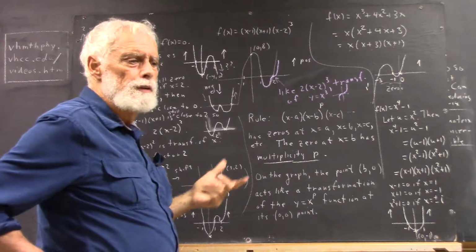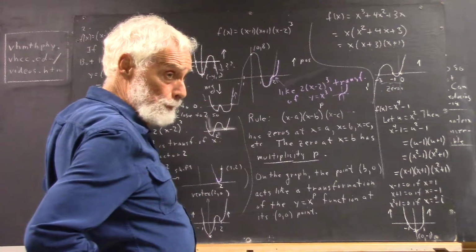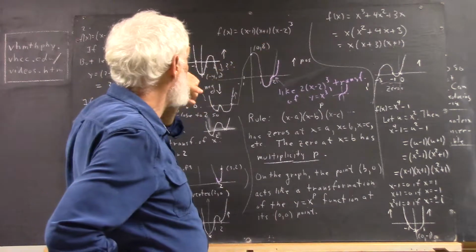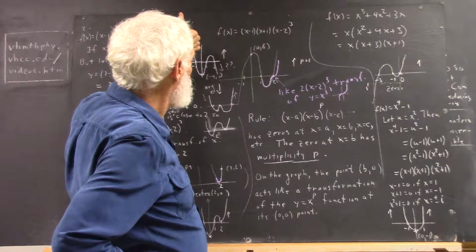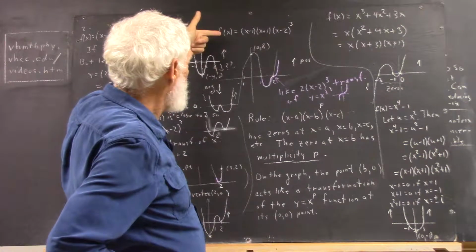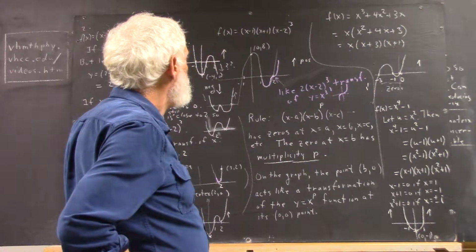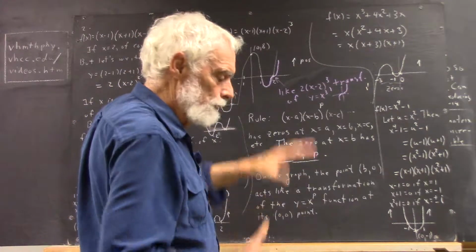If x is to the left of -1, then this is negative and this is negative, right? Wait, whoa. If x is to the left of -1, that's negative. Yeah, and that's negative. Okay, yeah, lost my train.